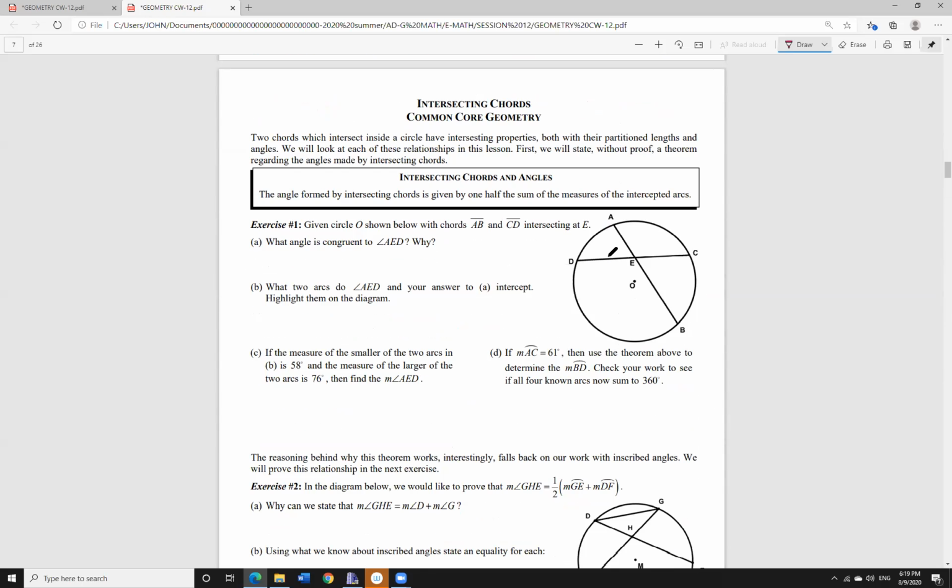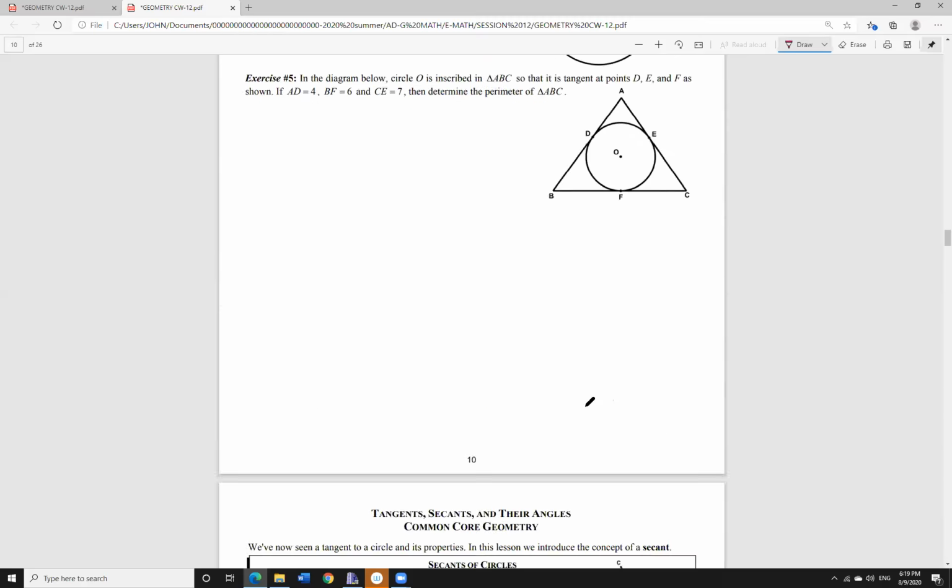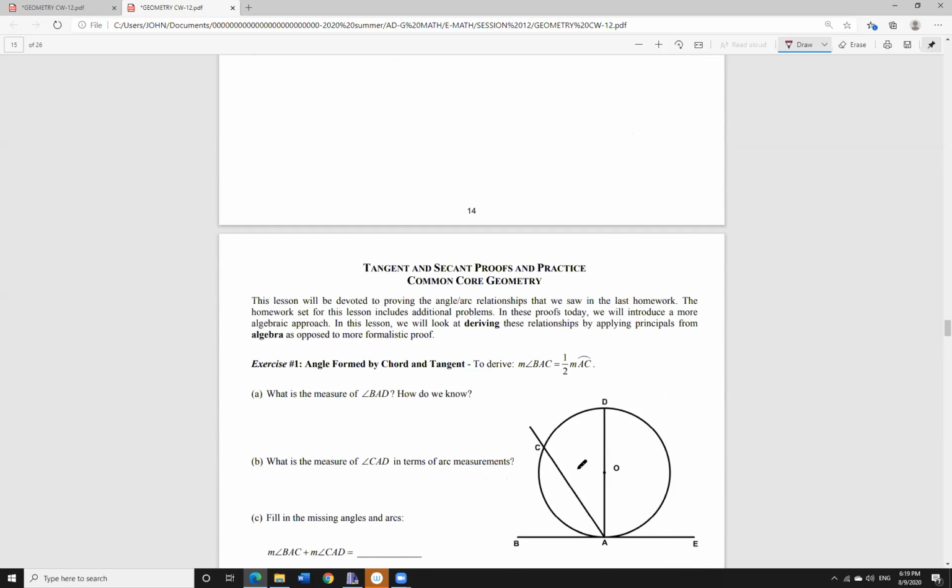The rule is, if this side is A, the other side is B, and this side is C, this side is D, then A times B always equals C times D. That's the rule. I'm going to write the rule down in the class note. That's the third one.